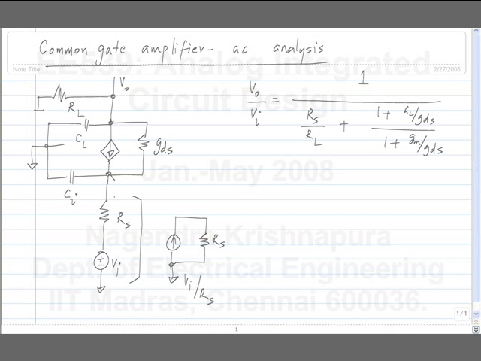CL consists of CDB and CGD and anything else you connect. For instance, it could be the input capacitance of the following stage. It could be an explicit capacitive load. Similarly, CI is CGS plus CSB plus any other parasitic capacitance you may have because of interconnections.